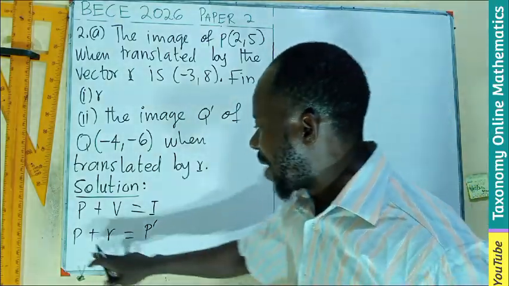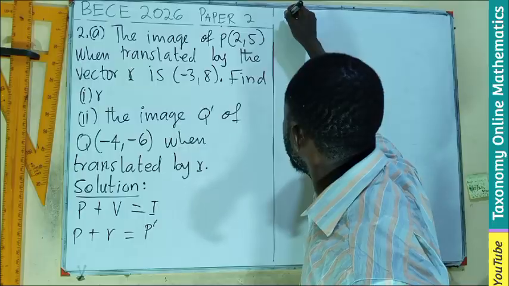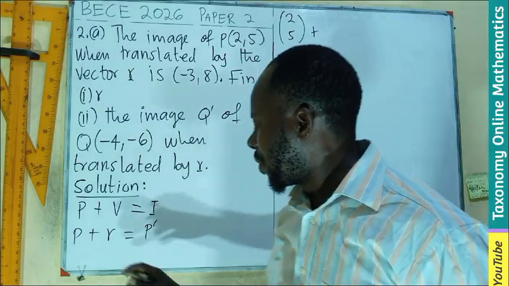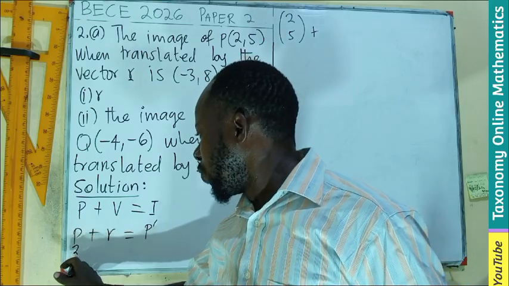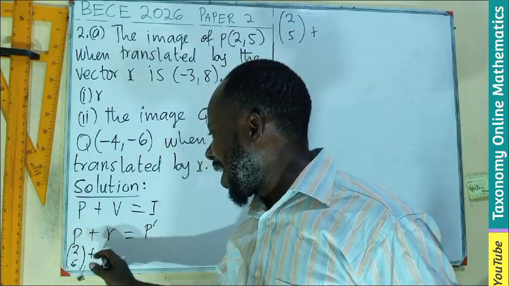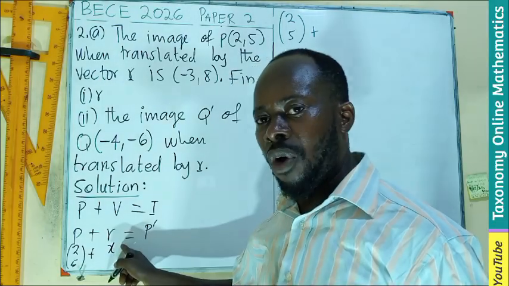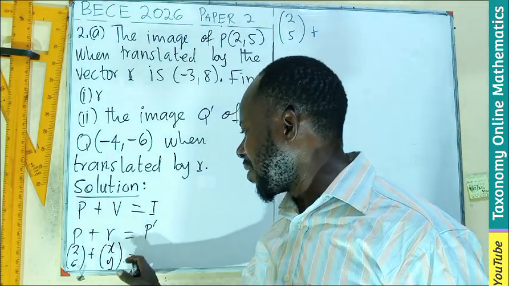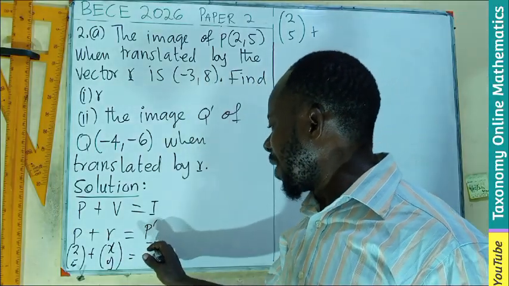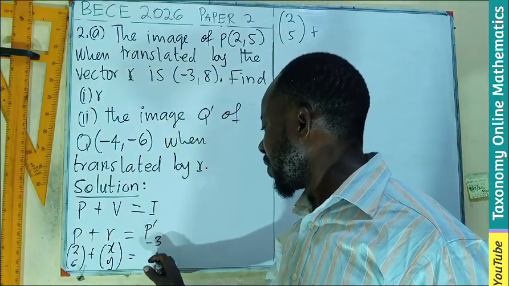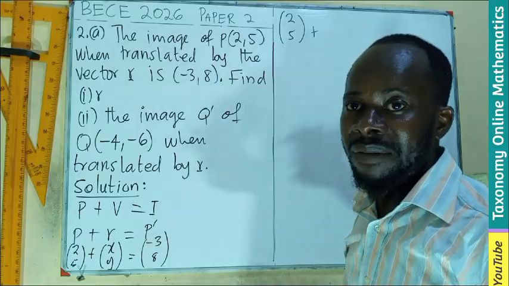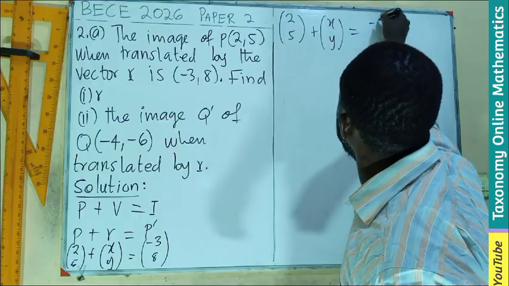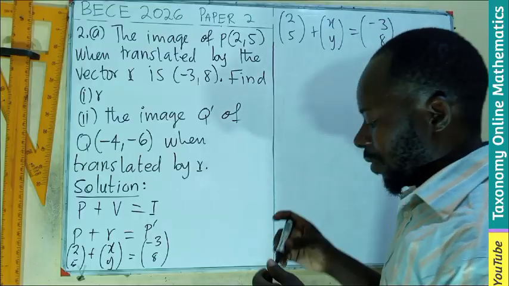So I have the vector (2, 5), added to the x component of the vector R and the y component of the vector R, equals the image, (-3, 8).